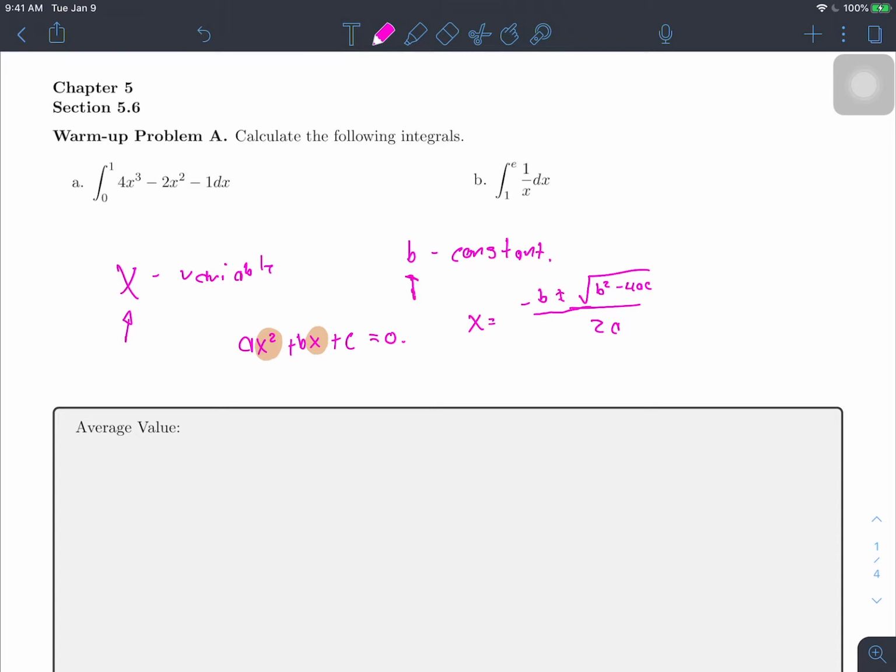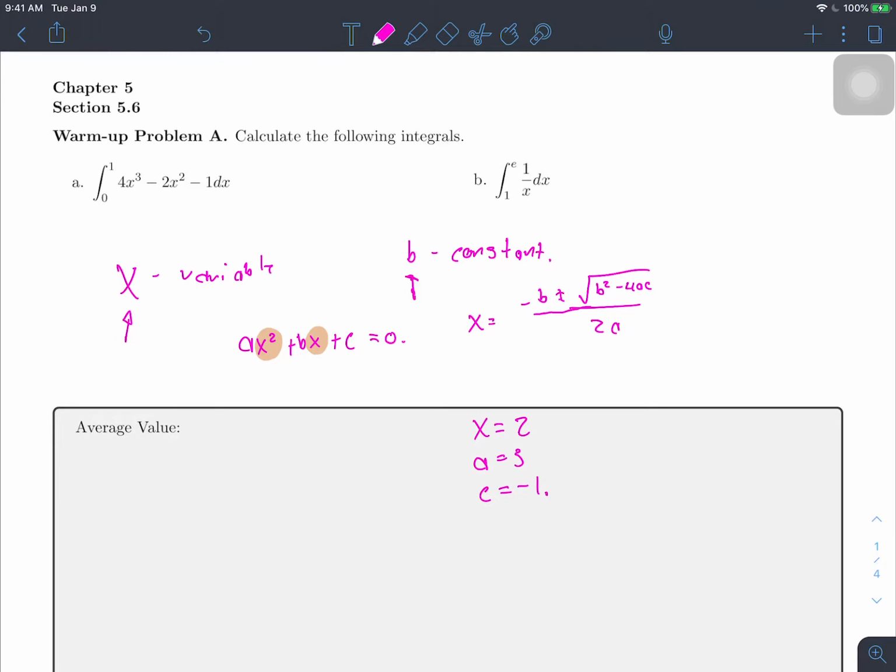We know in general that a, b, and c are some number, we just might not know what that number is yet. So if I told you that x equals 2 and a equals 3 and c equals negative 1, you'd be able to use this equation to solve for the constant b, which is just some number.